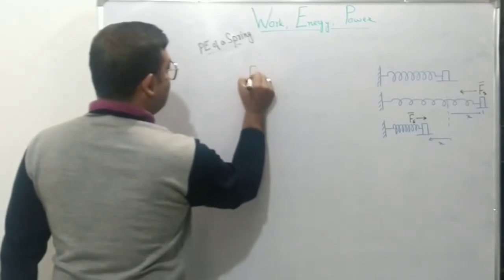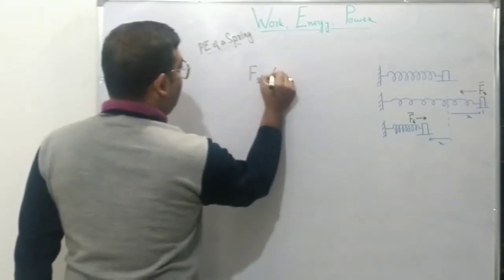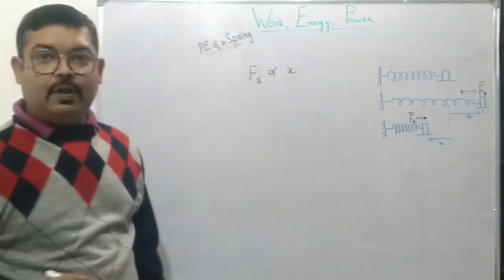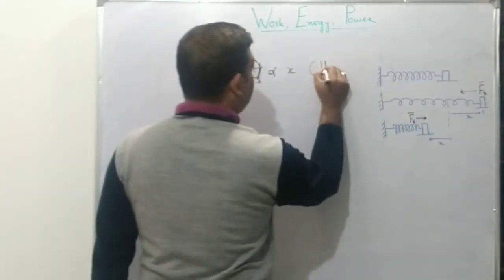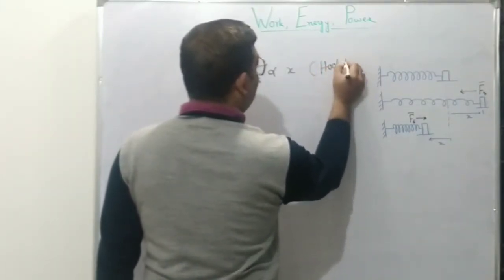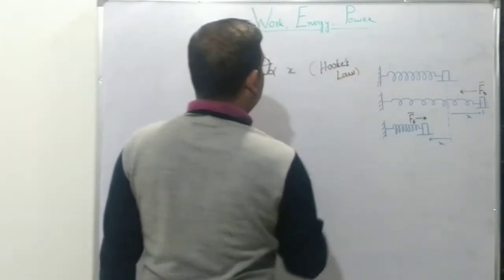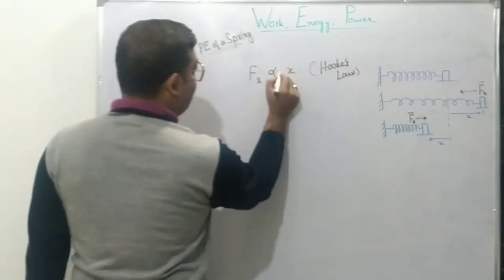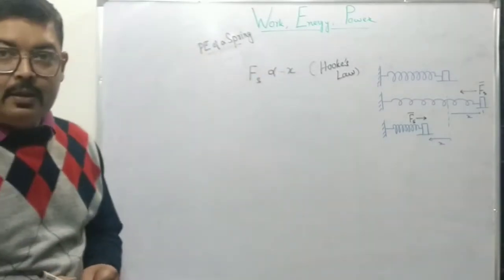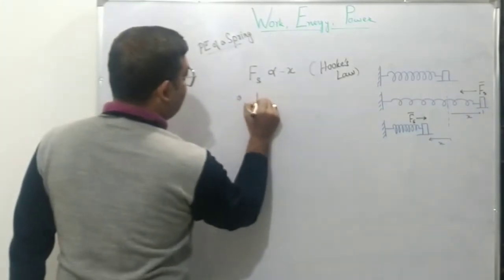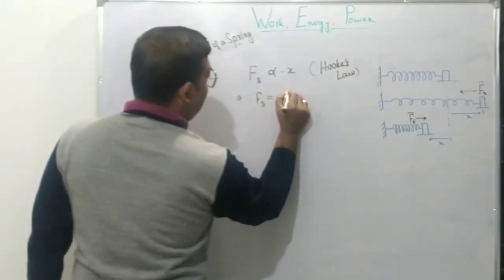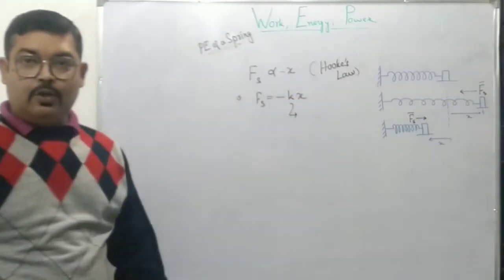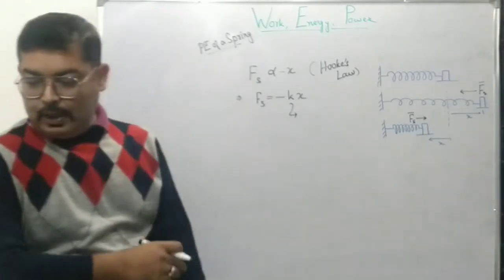This force Fs, the spring force, by Hooke's law is proportional to the magnitude of the displacement. This is Hooke's law, H-O-O-K-E. However, since it's a force in the opposite direction of the displacement, we will have to put the negative sign here. This will give us that the spring force is equal to minus some constant multiplied by the displacement. This constant of proportionality is known as the spring constant.